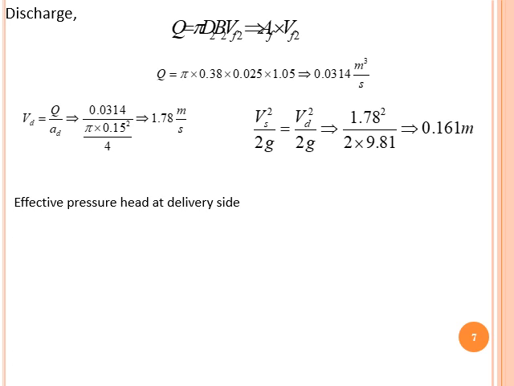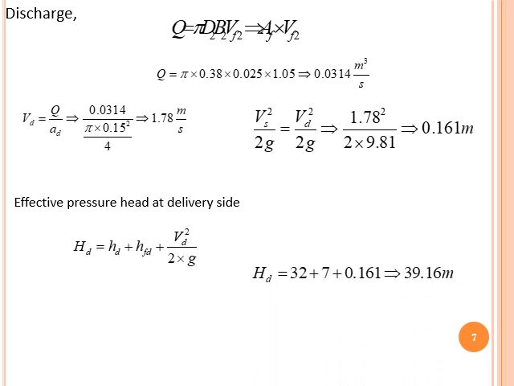Next, what is the effective pressure head at the delivery side? The effective pressure head at the delivery side, Hd, is equal to the delivery head plus head loss due to friction in the delivery pipe plus the velocity head at the delivery pipe, that is Vd square by 2g.